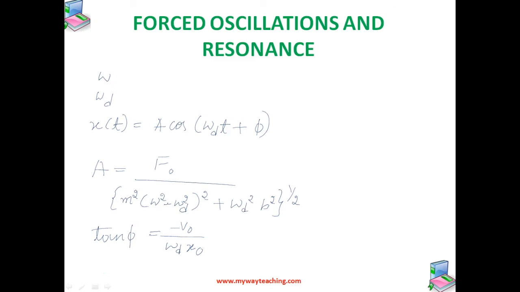These two equations, A and tan phi, show that the amplitude of the forced oscillator depends on the angular frequency of the driving force, and we can see a different behavior of the oscillator when the driven frequency is far from the natural frequency and when it is close to the natural frequency. For that we have two different cases. We'll study those two cases in the coming part.